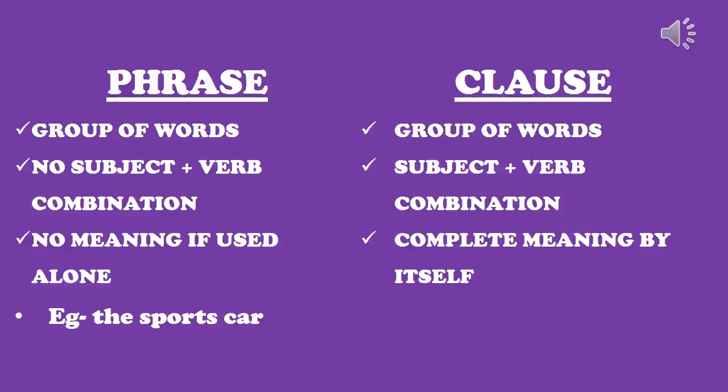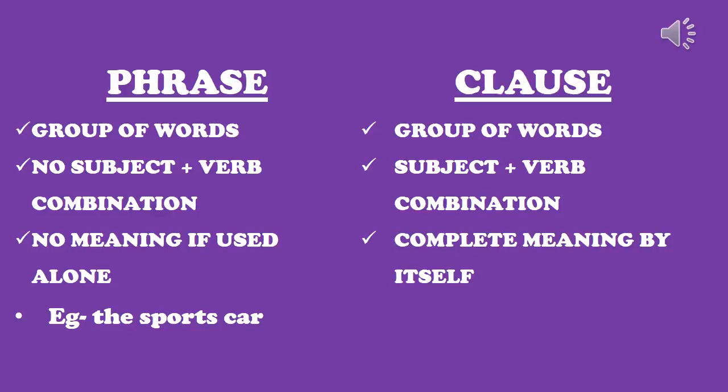So to help you understand things better, I have put it very simply in a tabular form, where on one side I have put the chief characteristics of a phrase, and on the other side I have put the main characteristics of a clause. So firstly, a phrase is a group of words.